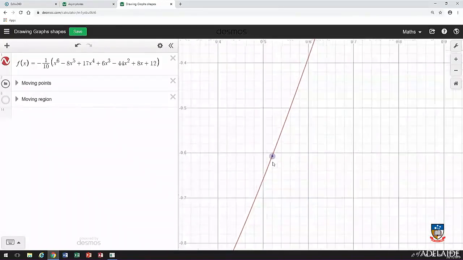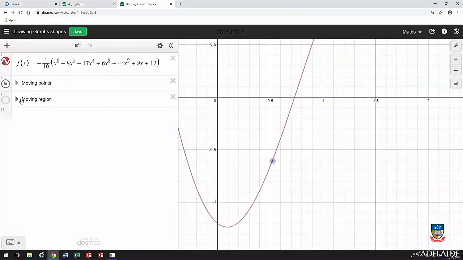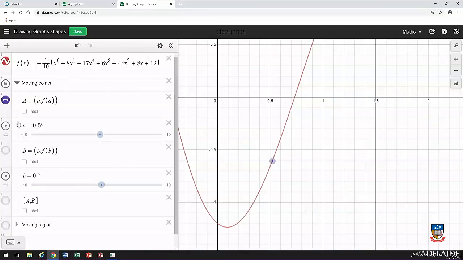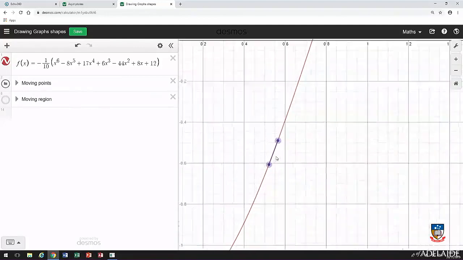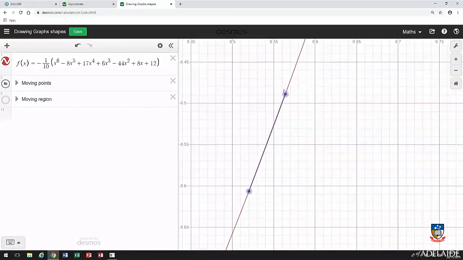So now if I just turn my moving point back on again. If it's straight, then no matter where I put these two points, it'll always be as the x moves forward, the y moves up.